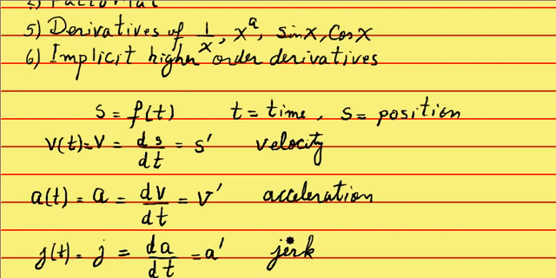Okay, so jerk is the rate of change of acceleration. So we have a sequence of derivatives we are taking. We start with the function, differentiate it, get another one, differentiate that one again, get a third one, and differentiate that one again, get a fourth one, and so on.